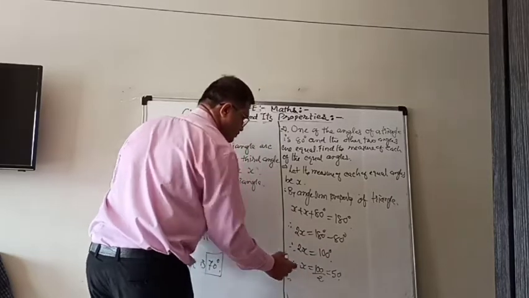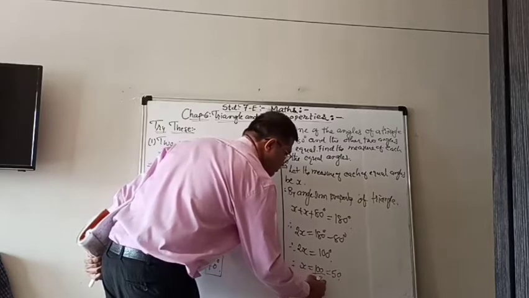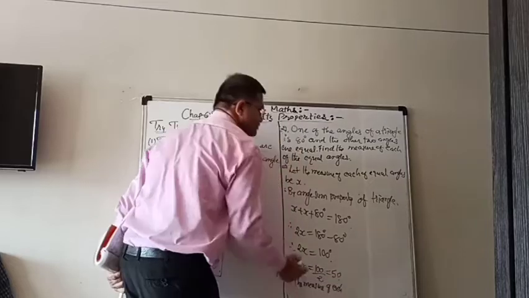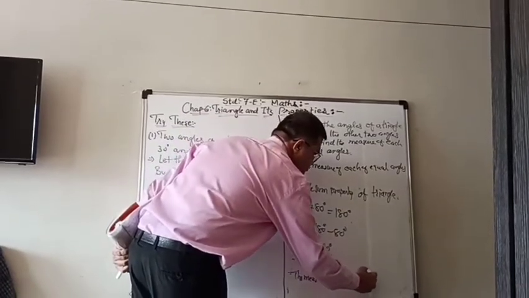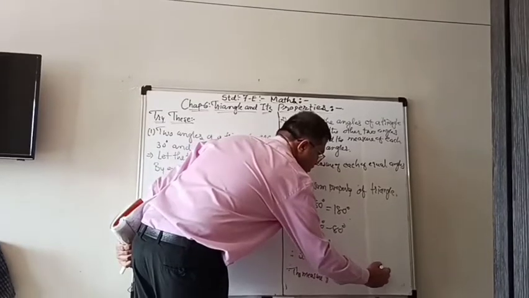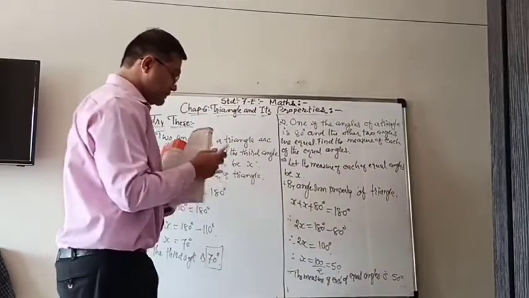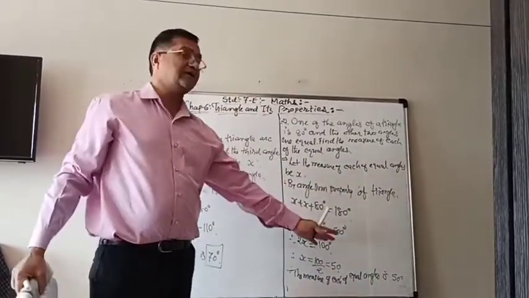Therefore the measure of each of the equal angles is 50 degrees. So by the angle sum property we have to find that.